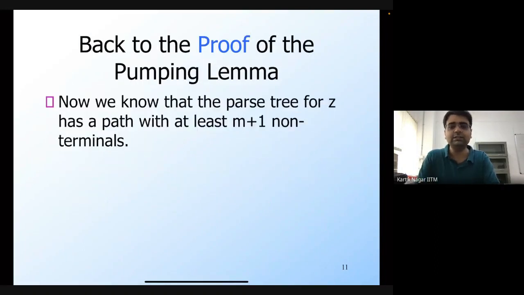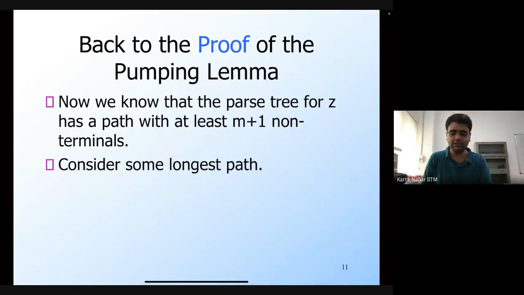So we know that the parse tree for Z has a path with at least m plus 1 non-terminals, but since there are only m non-terminals in the grammar, this means that some particular non-terminal is going to be repeated in this parse tree.